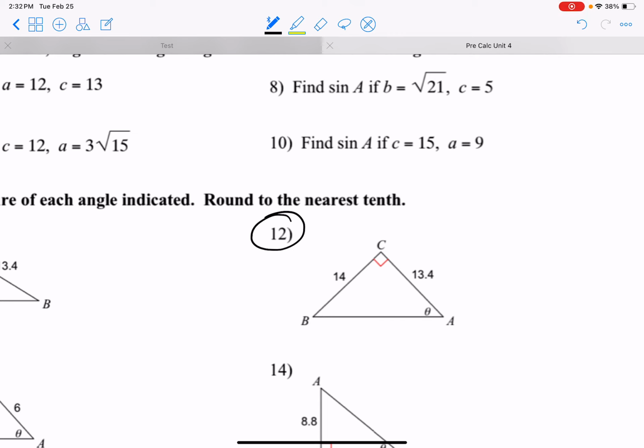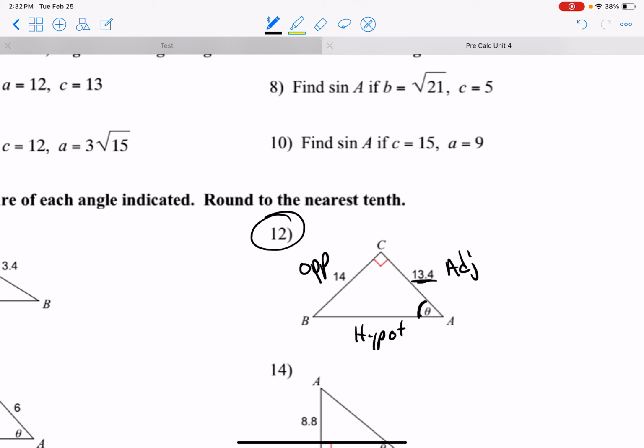All right, you paused it and you try to do number 12. So you looked at this and figured out, okay, I got to figure out what the measure of this angle is. So I'm going to label around the triangle. Here's the hypotenuse. This is adjacent. This is opposite.